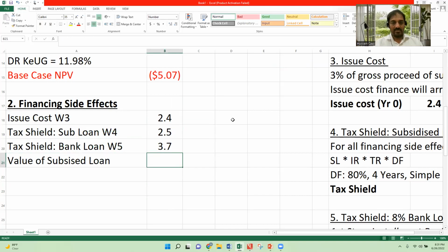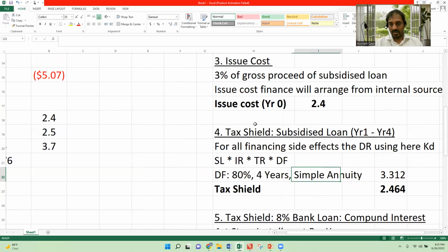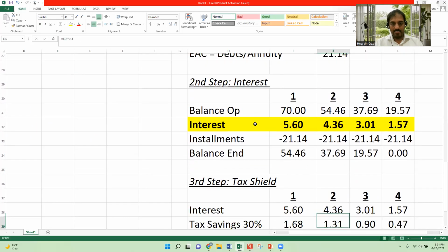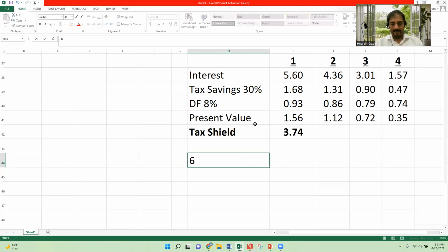Now, last point. Value of subsidized loan. Working 6. Do remember that value of subsidized loan doesn't mean the tax shield.